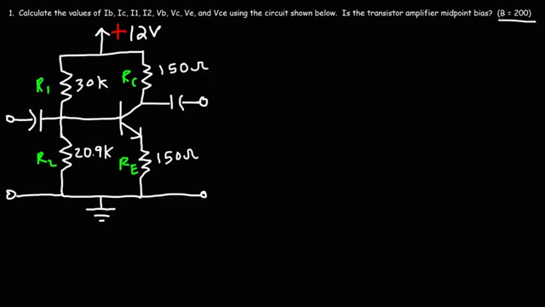Now we're given the beta of the transistor, it's 200. That's the HFE value. So how can we solve this circuit? The first thing we want to do is calculate the base current IB.